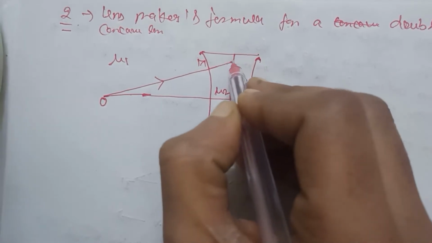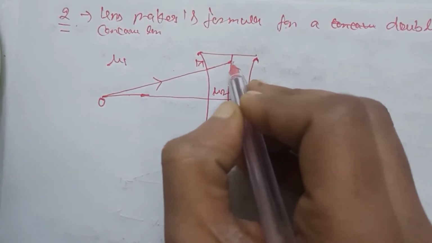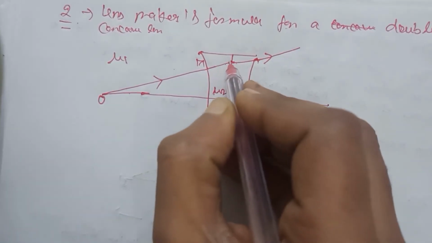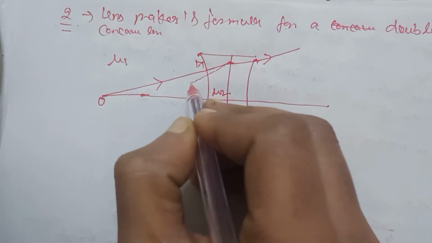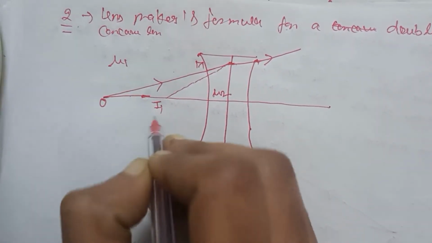At this point, this ray is going away from the normal. Now the image formed due to this ray is imaginary, which is I1 dash.